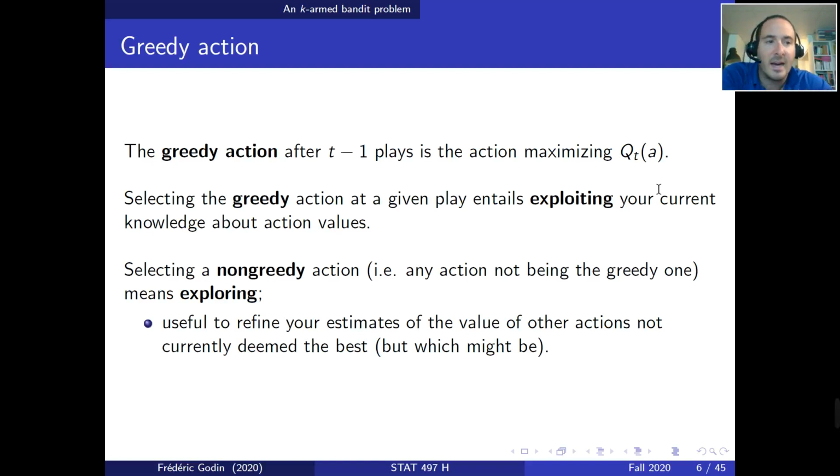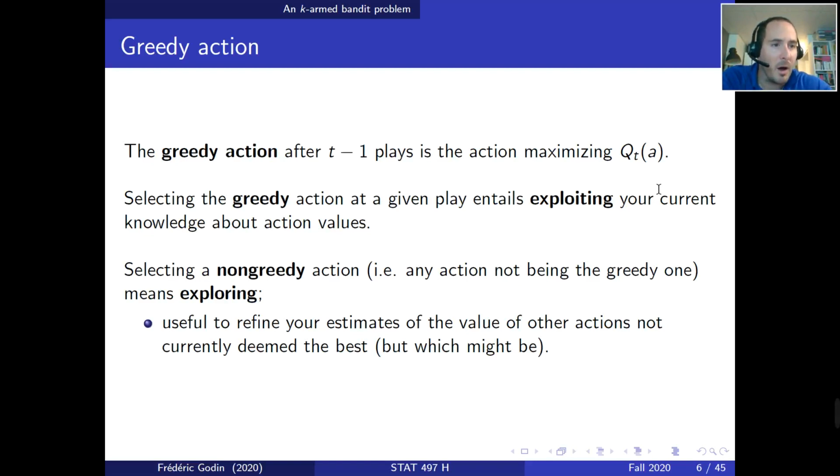Non-greedy actions are the set of all actions which are not the greedy action, and selecting non-greedy actions entails exploring. Sometimes if you want to maximize your reward, you need to sample often from the lever which you think is the best. But sometimes it's also good to sample from other levers, even if they don't look the best right now, maybe because you have bad estimates of their means.